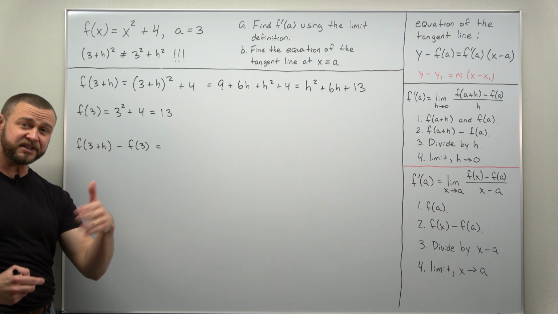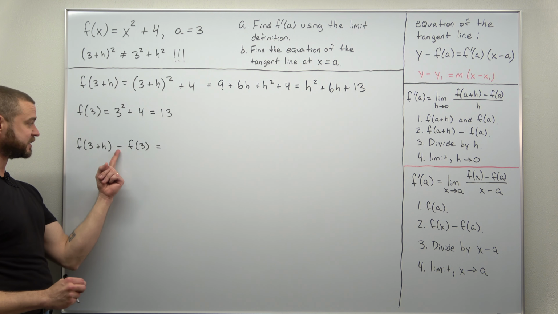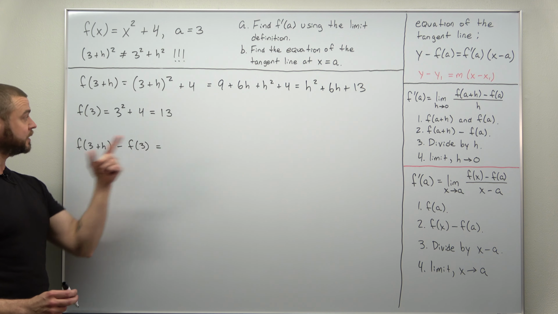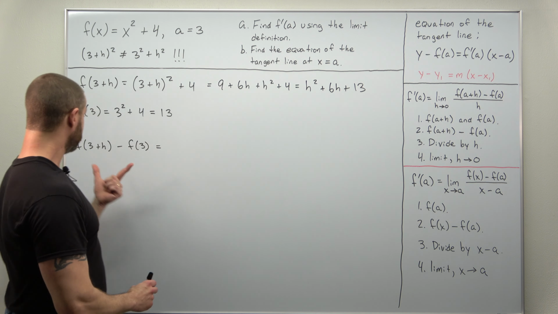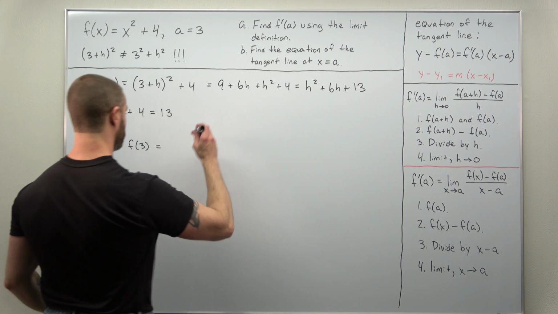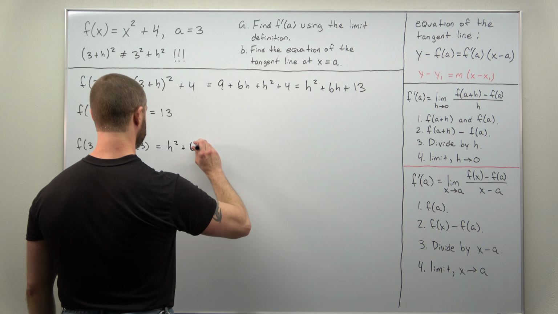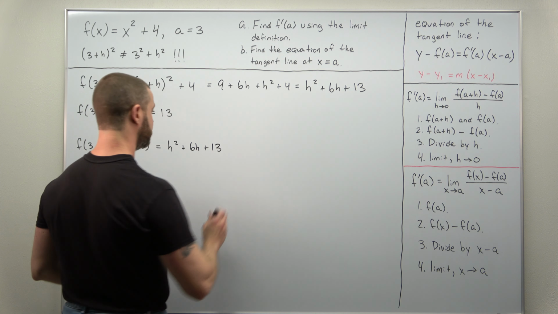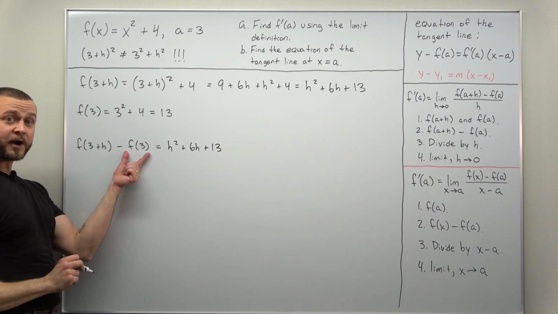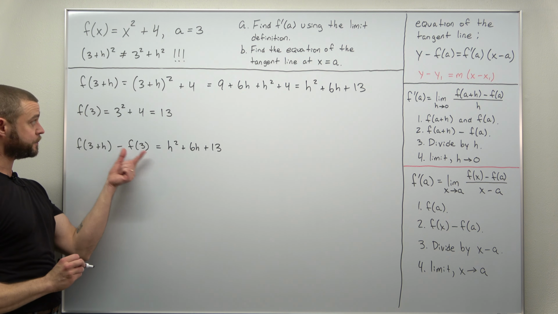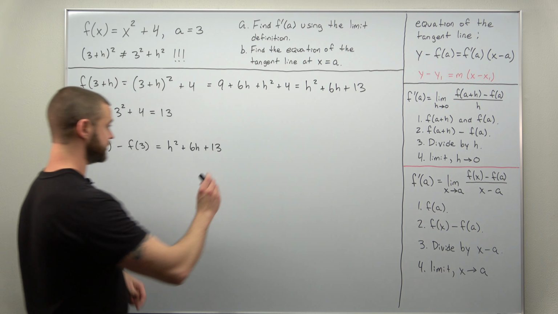So here, the parentheses won't make a difference, since we're not subtracting a negative. So let's take all the terms from f of 3 plus h, which are h squared, plus 6h, plus 13, and we're going to subtract the value for f of 3, which we found was 13.